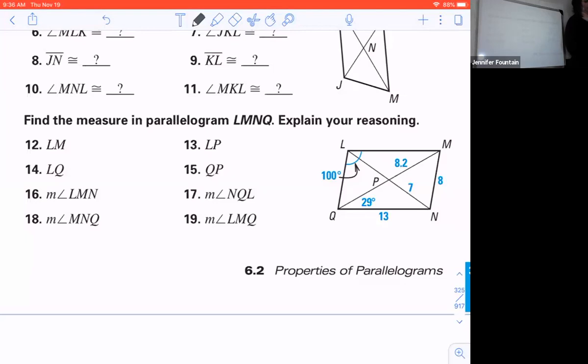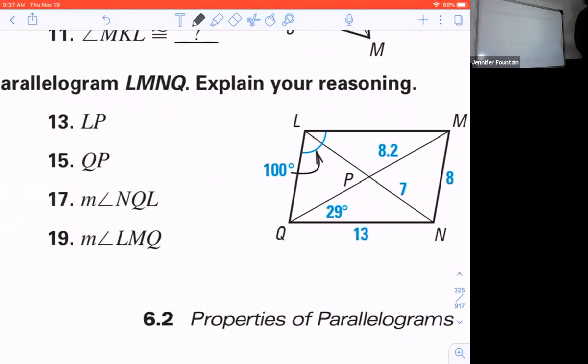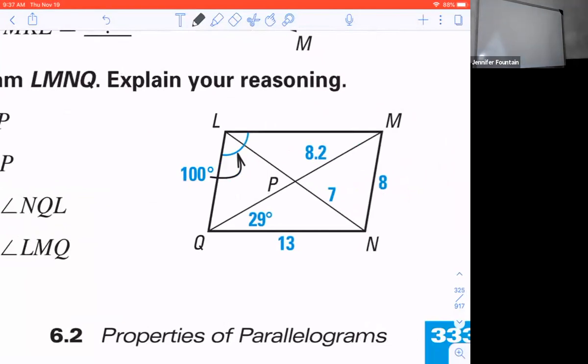What about QP? 8.2. Why? Because it's congruent to NP. A diagonal that's been bisected. What about the measure of angle LMN? 21? Look at LMN. 58. Why do you say 58? Notice this is 29 right here, just this 29.